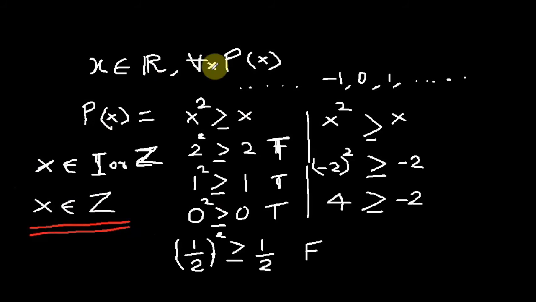If the domain is integers, there is the universal quantifier for all x, the predicate x square greater than or equal to x, it works. Then I can say it is true. Otherwise it will be false. So hope you understand what it means.